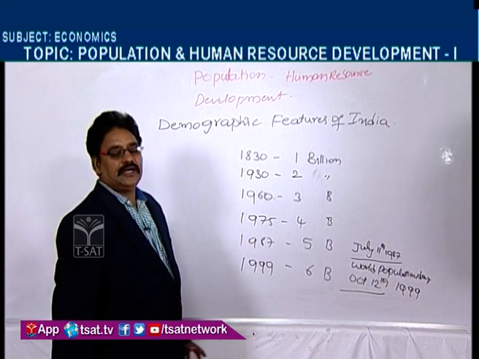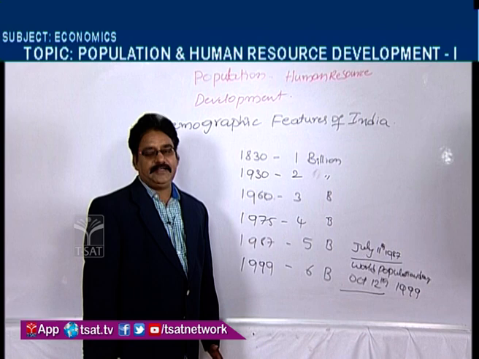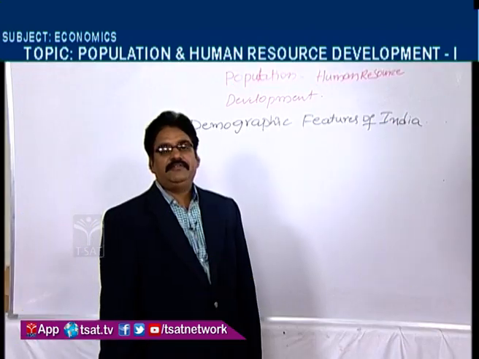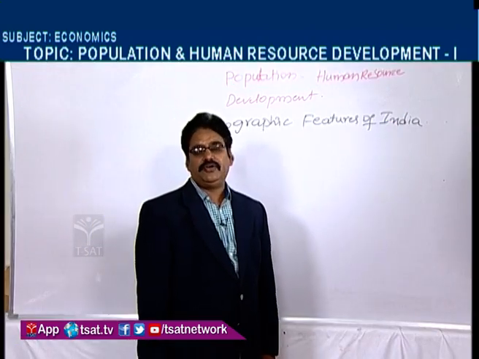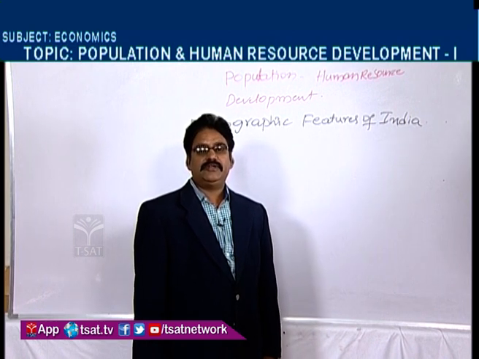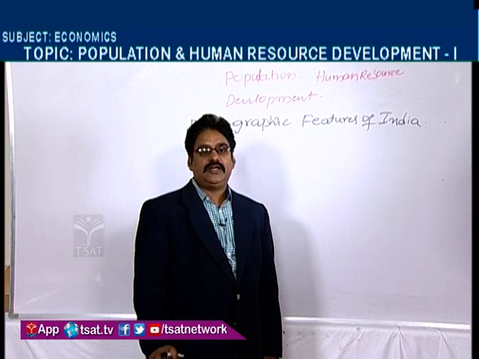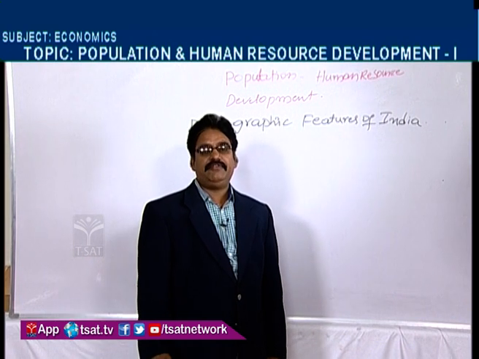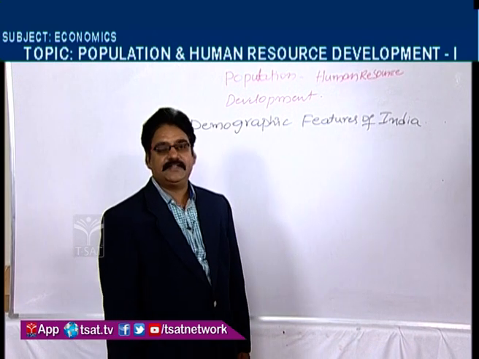Now we come to the Indian population, the demographic features of India. Before going to the details of demographic features in India, we must discuss the theory of demographic transition.